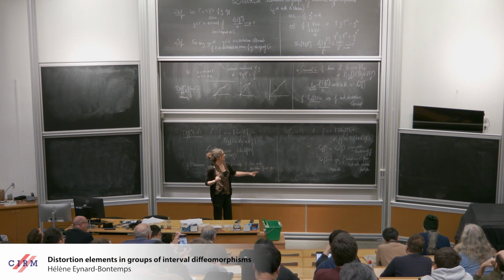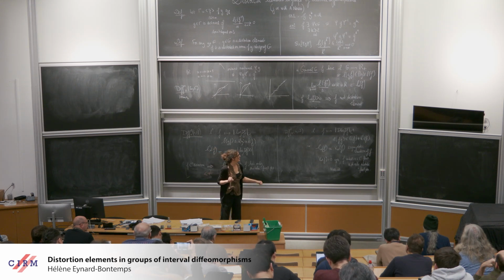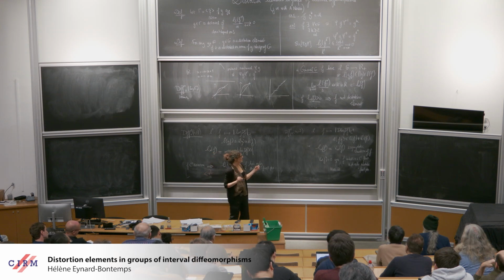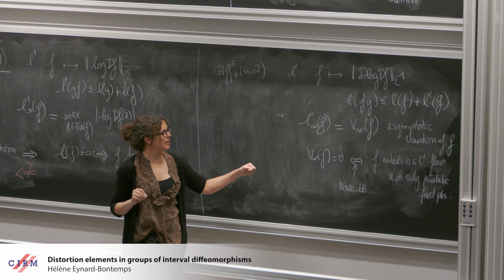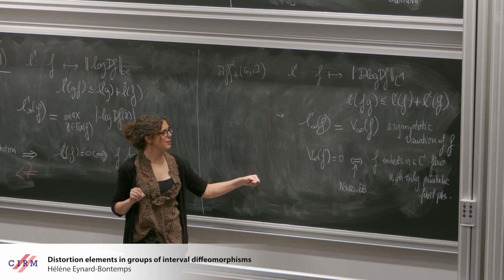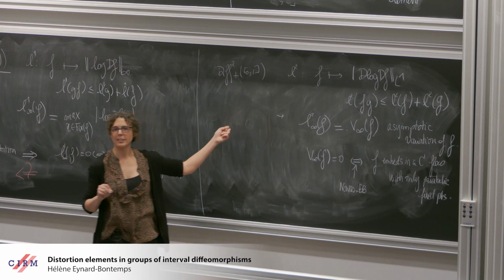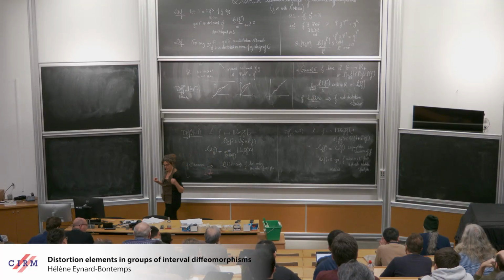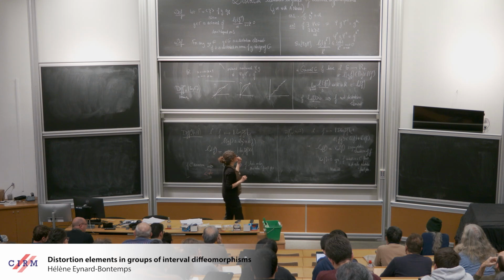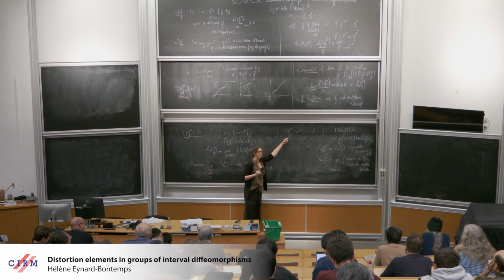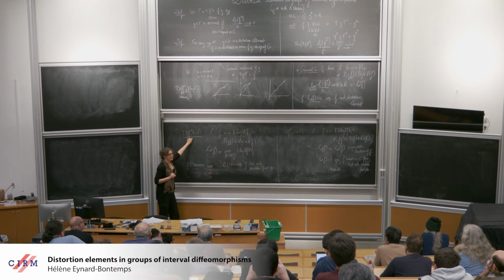No, I said it wrong. Okay. In particular, you can find some C2 diffeomorphisms which have only parabolic fixed points and which are C2 distorted. And Andres used this to actually prove that there are some C2 diffeomorphisms which are non-distorted in this group, but which are distorted in this group, but for some non-obvious reason.